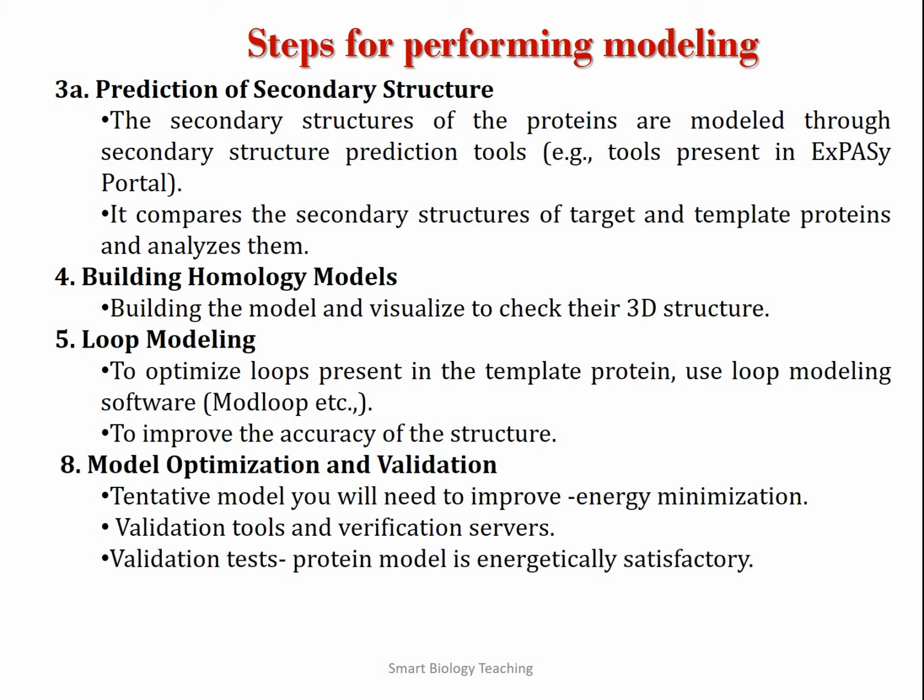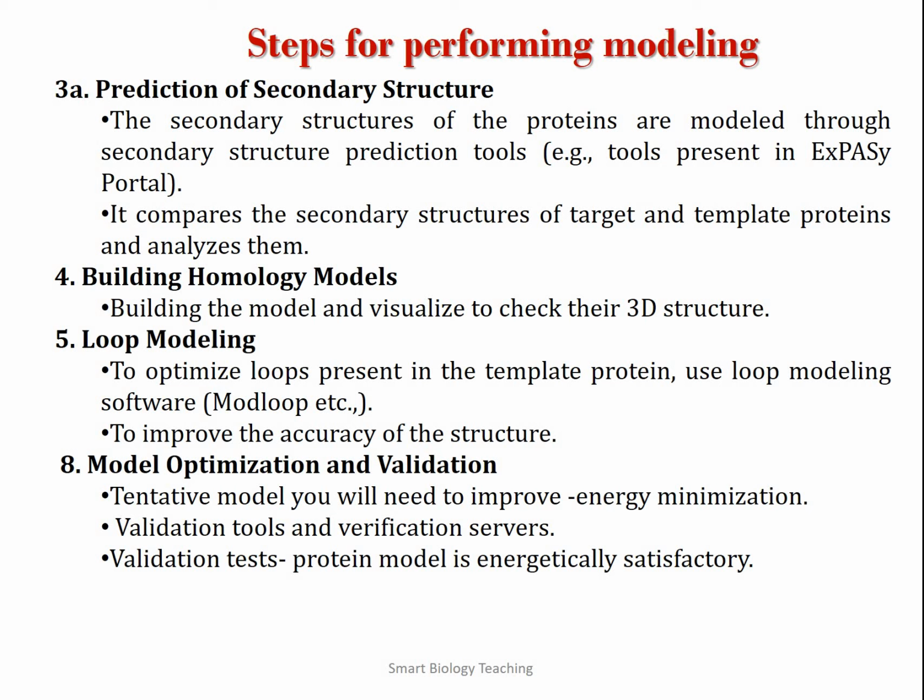This will help you in getting accurate protein structures, and the functionality mostly may not change. When you are modeling, you use secondary structure prediction tools, which are freely available from the Nextbasic portal. Then you can compare the secondary structures of the target and the template protein and analyze them.